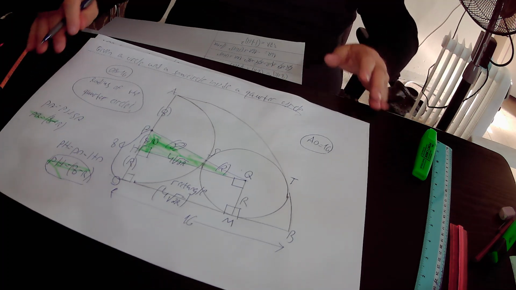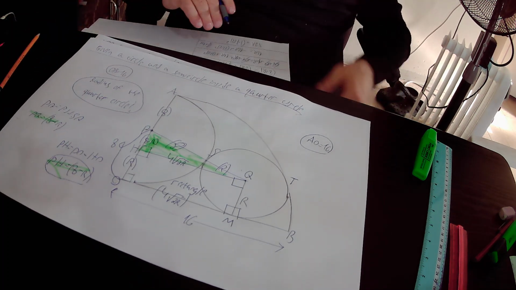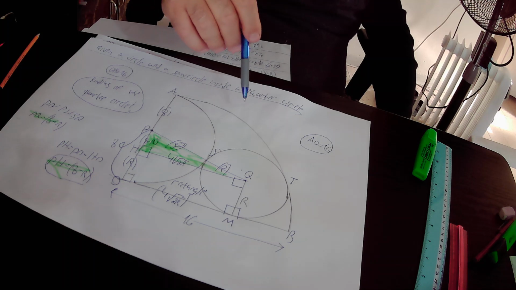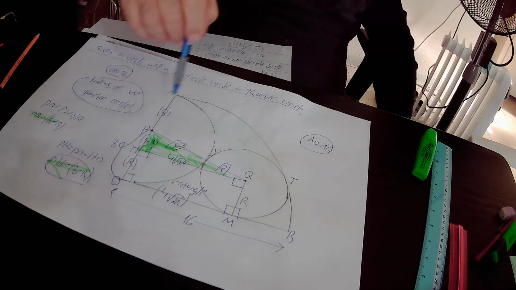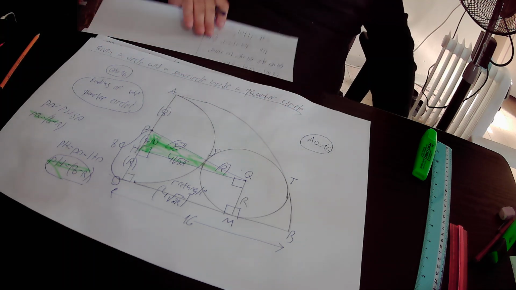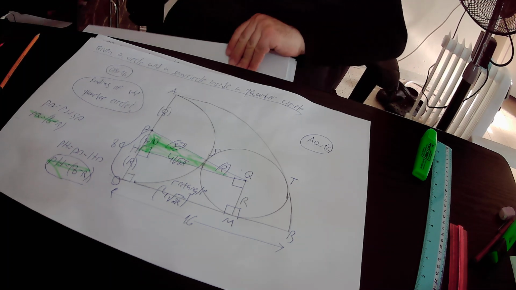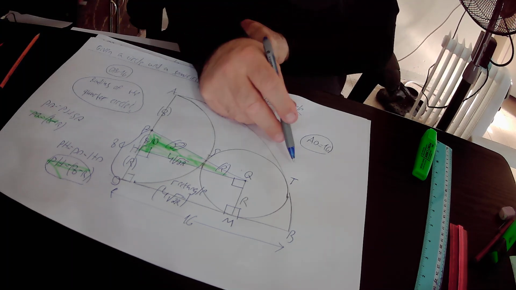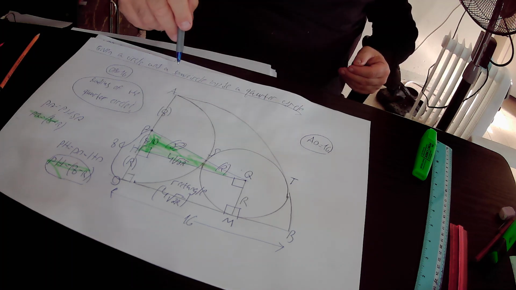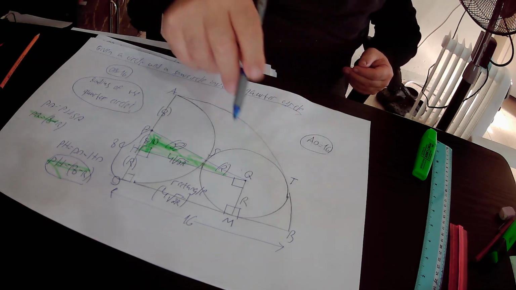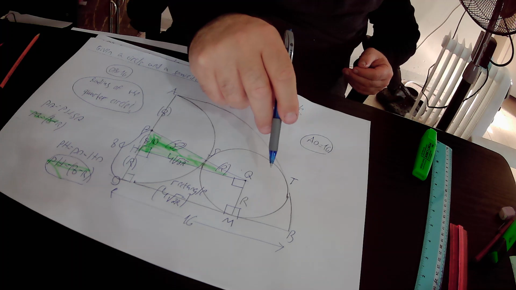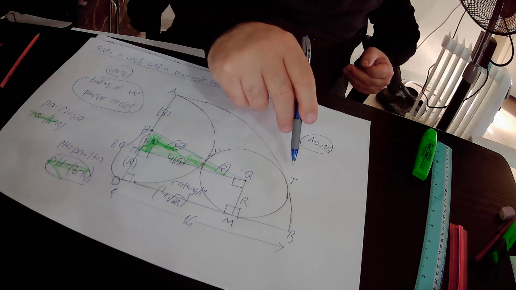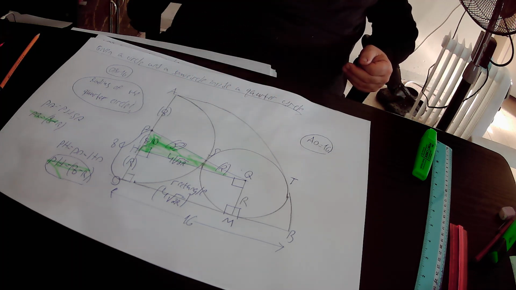In the drawing, we have an internal touching between the big quarter circle and this small circle. That is to say, they are touching each other internally at point T. Again, the big quarter circle touches the small circle at this point, point T, internally.